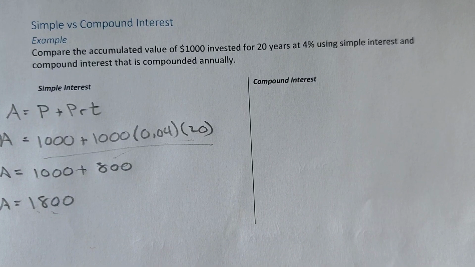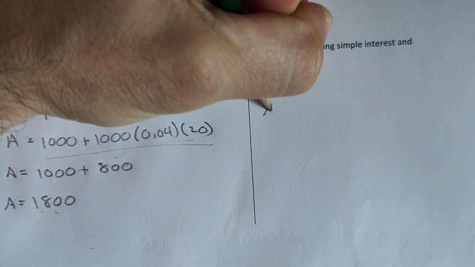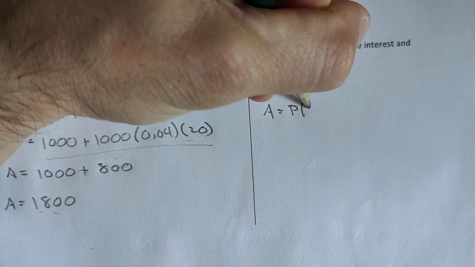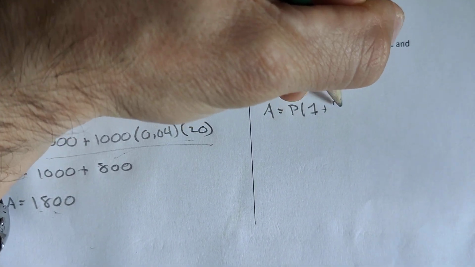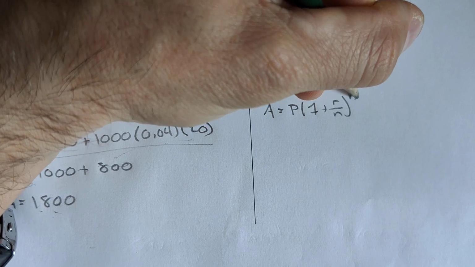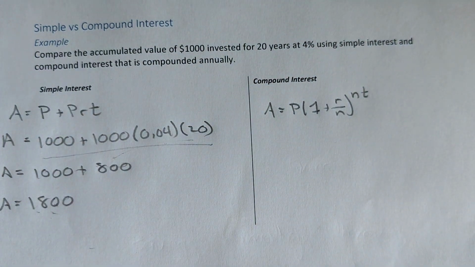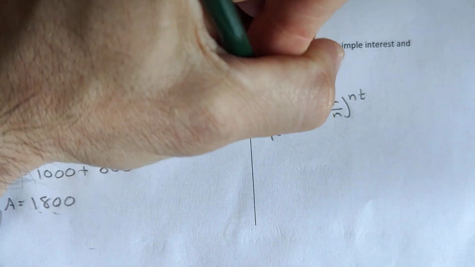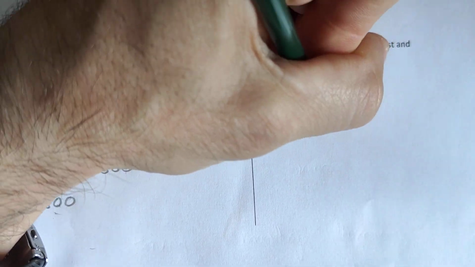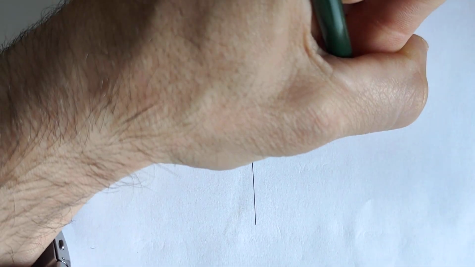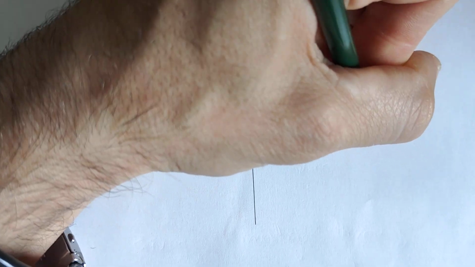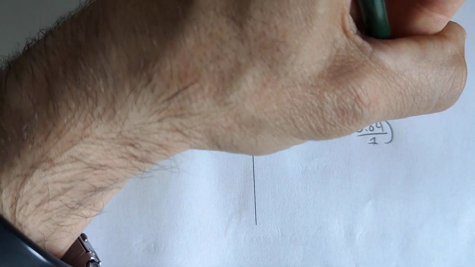In terms of compound interest, it's slightly different. The formula is A equals P times (1 plus r over n) to the power of nt. Thus, our amount is 1,000 times (1 plus 0.04 divided by 1) to the power of 1 times 20.